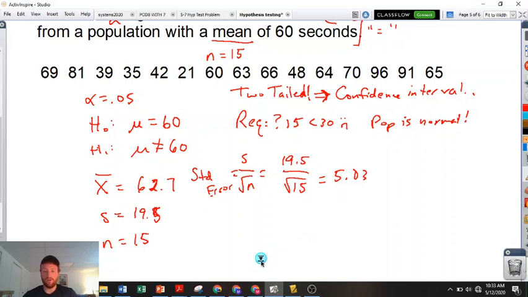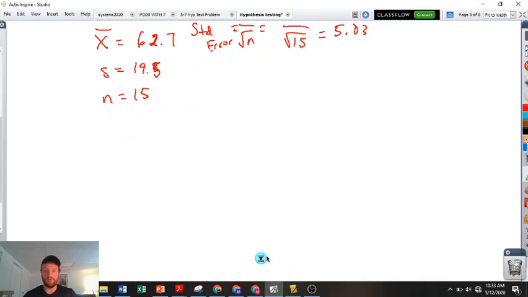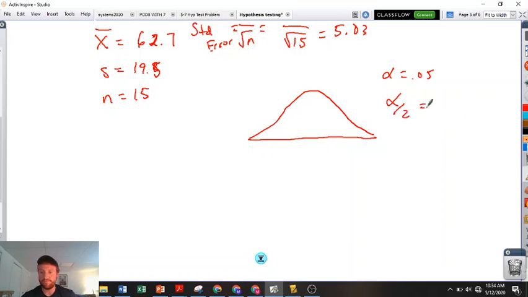All right. So to go further, we need to go to a point that splits the 0.05 in half. The alpha was 0.05. I can't put it all here or all here because this is a two-tailed test. We're going to split that in half. Alpha over 2. There's that symbol we all love.